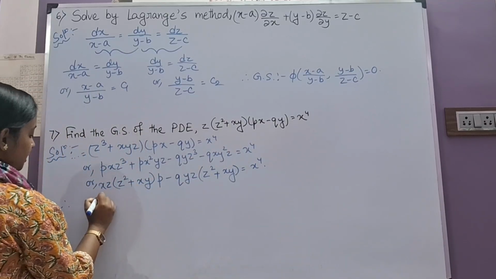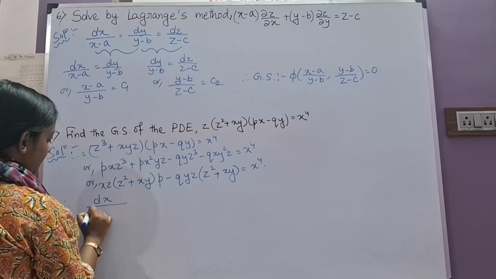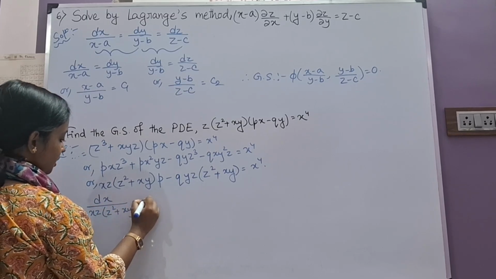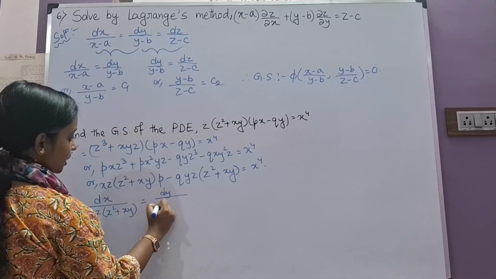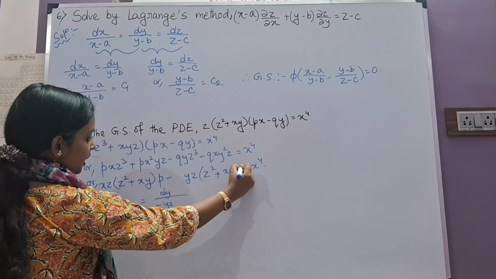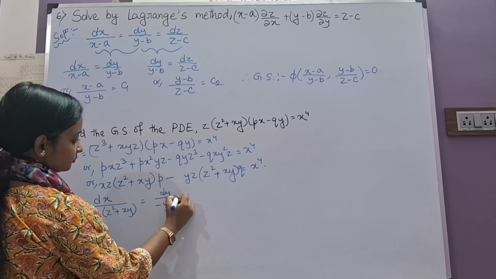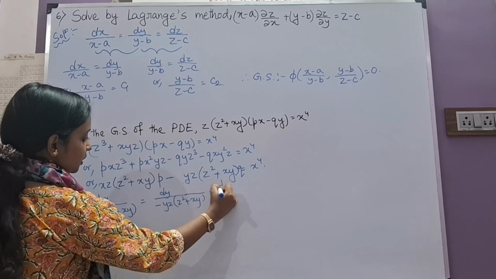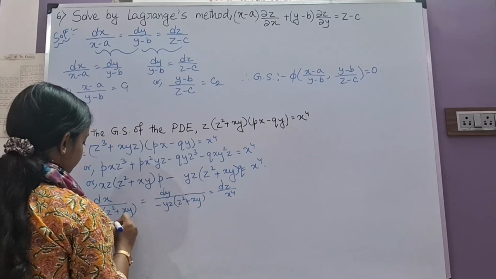So what is the Lagrange subsidiary equation? dx by xz into (z squared plus xy) equal to dy by minus yz into (z squared plus xy), it is better to write q here, equal to dz by x to the power 4.